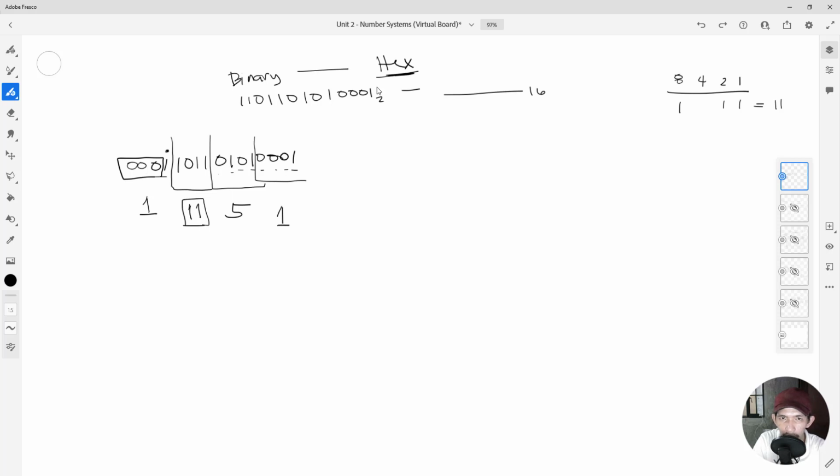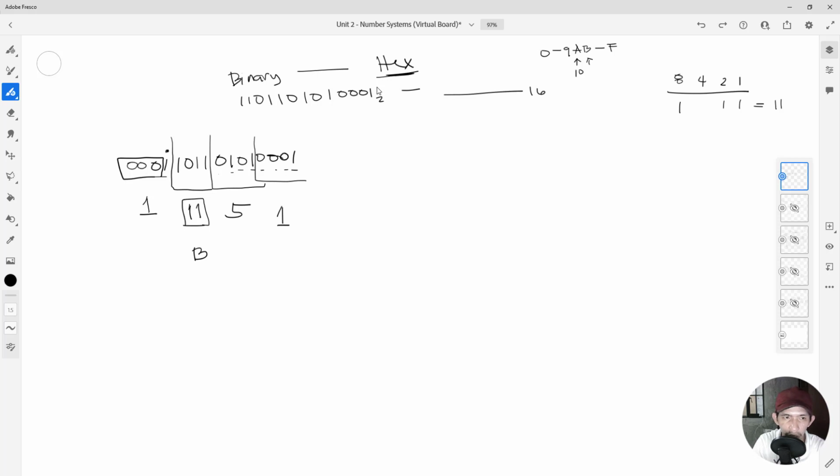Ang number lang na available kay hexadecimal is 0 to 9 and then followed by A, B hanggang F. So, si A po is, that means 10. Okay, so, therefore, yung 11 natin is B.